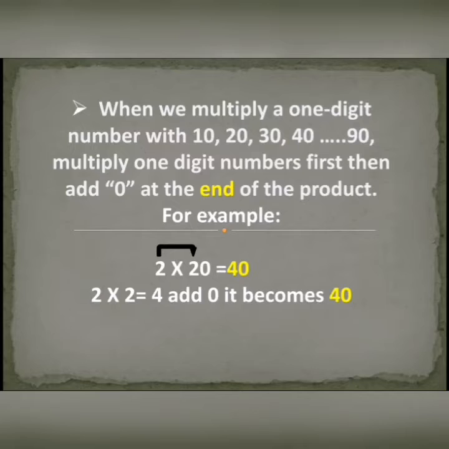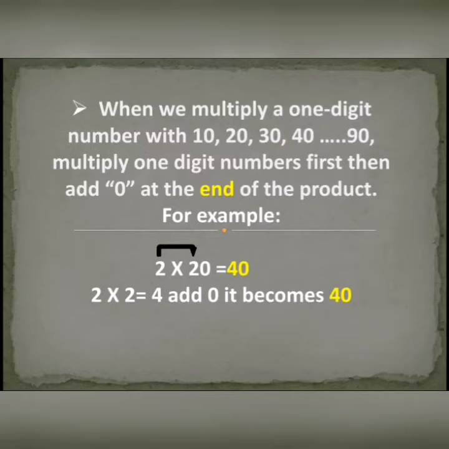So we are going to multiply 2 with the first digit of 20, which is also 2. So 2 times 2 equals 4. Then we are going to put 0 after number 4, which gives us the answer 40.